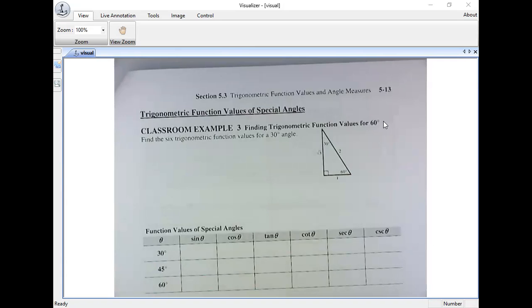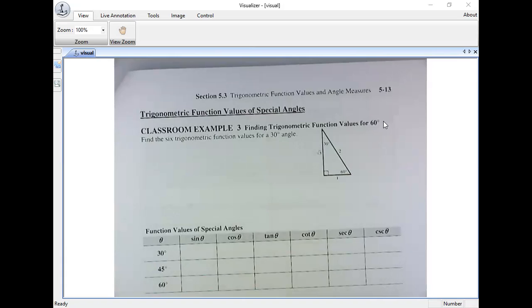So there, my hypotenuse for sure is across from my 90-degree angle every time. Now, if I have two other angles, a 60-degree and a 30-degree in this triangle, wouldn't it make sense that the longer side is going to be across from the 60-degree angle? The shortest side is going to be across from the 30.